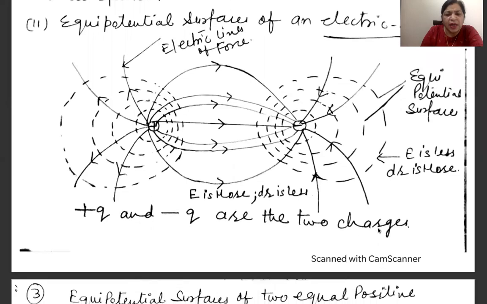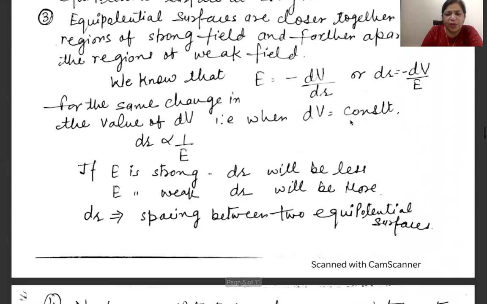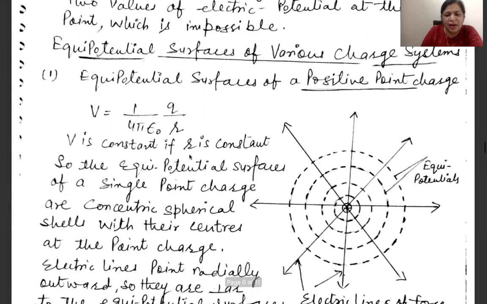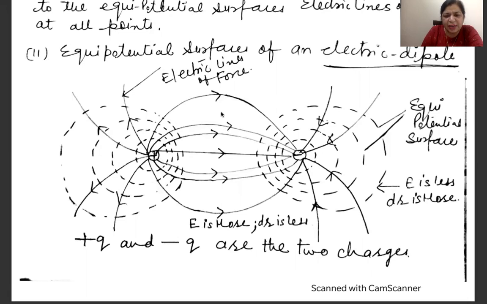From the formula, I told you that if E is strong, dr is less, and if E is less, dr is more, meaning they are inversely proportional to each other. So here, as the field is strong, the spacing between the equipotential surfaces, you can see here and here also, is less.